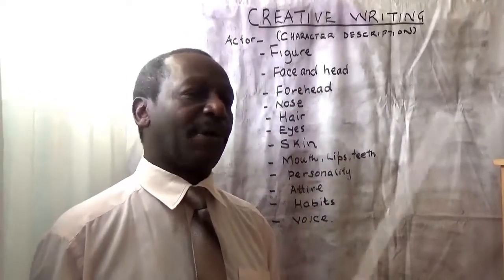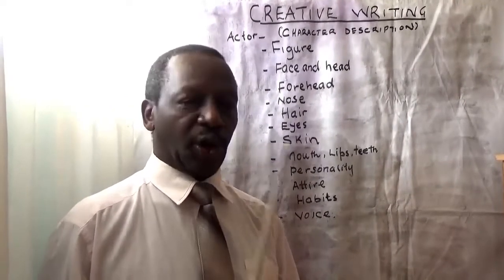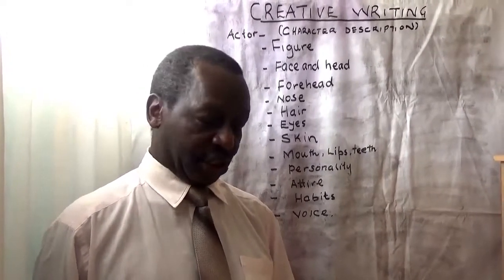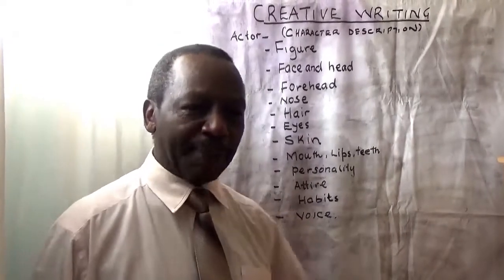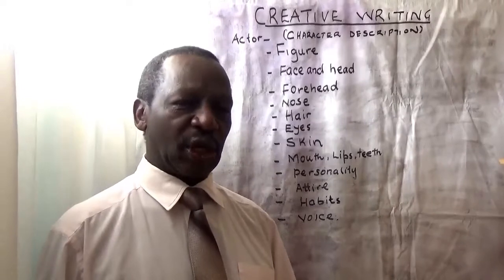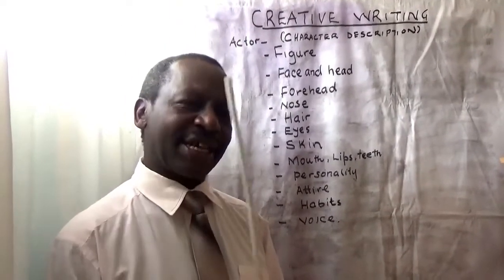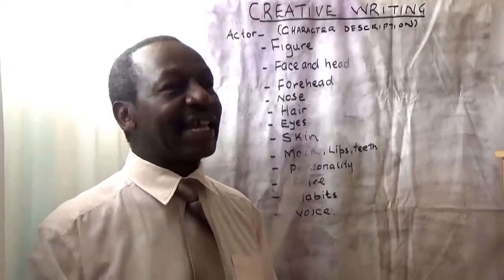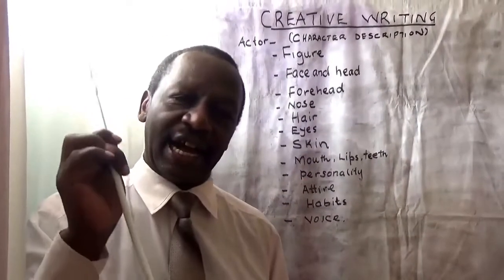For instance, if you are writing about John, say John was a short boy, or John was a tall, lanky boy, or John was a bent or deformed, plump boy. All these go a long way to describing the character. When you tell us about the figure, we are able to see the character in our minds. That is the secret of making your writing very interesting.